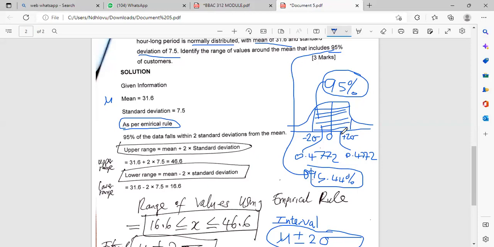When you add these, the entire area gives us 95.44%. So within 2 is approximately 95%, because we can't round up to 96. Using the standard normal tables, we get this.